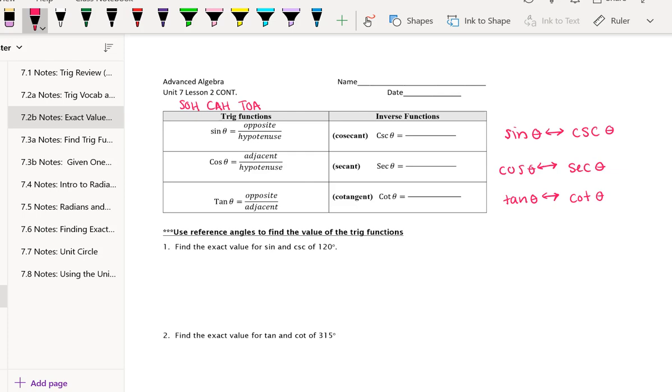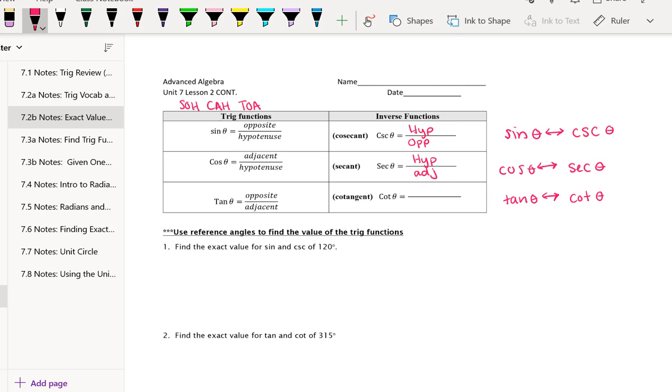Okay, so we're talking about three new functions, and what they mean by inverse is they're just the reciprocal. So if sine is normally opposite over hypotenuse, the cosecant becomes the hypotenuse over the opposite. Okay, and we're still in relationship to the angle. The secant, if adjacent over hypotenuse is cosine, then we're going to take the hypotenuse over adjacent, or reciprocate that for the secant.